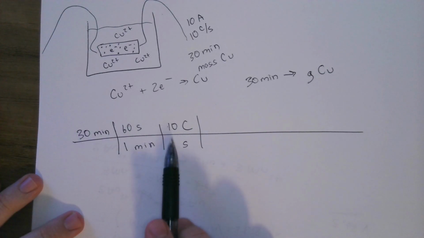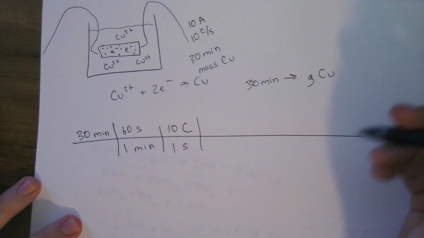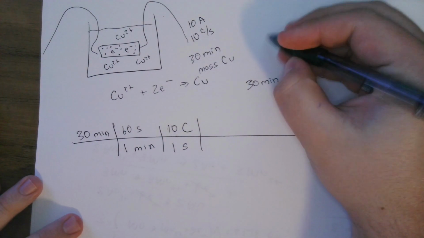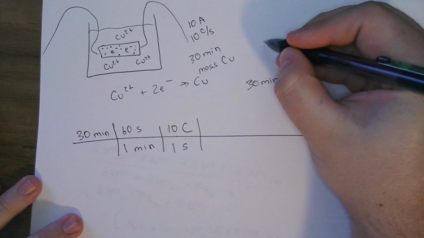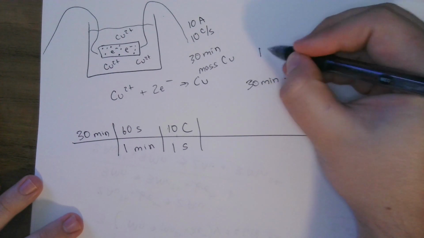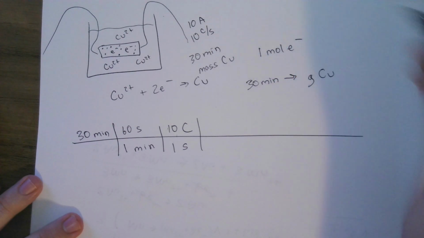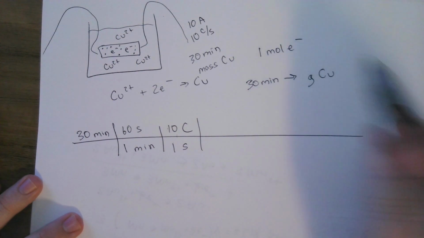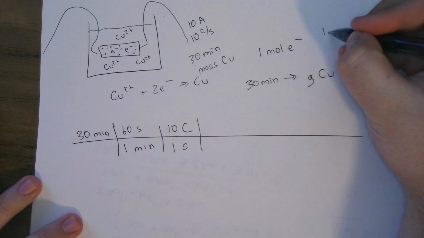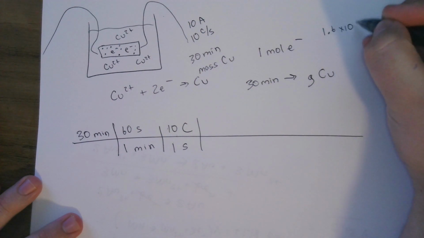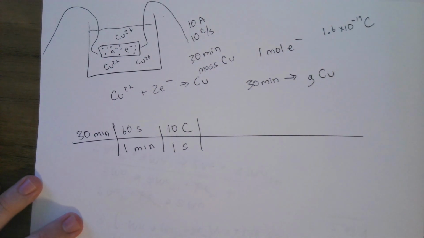All right, well, how is that going to be helpful to us? Well, we have a constant to use for that. So we've calculated if you add up 1 mole of electrons, that's a lot of electrons, right? Each electron has a charge of about 1.6 times 10 to the negative 19 coulombs.